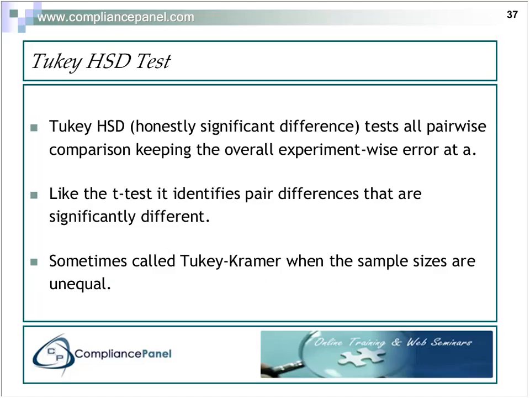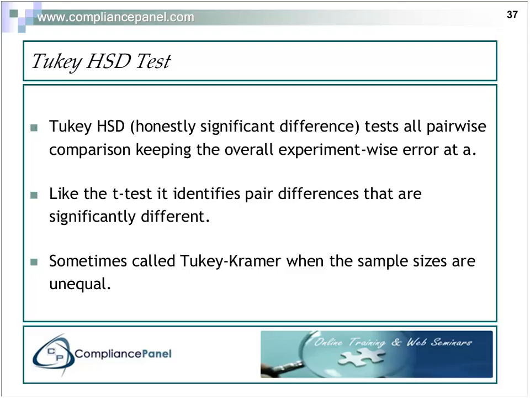This allows you to look at all of the differences amongst the pairs, but it controls for the number of comparisons that you're going to do. And typically, this is the one you will see in most software.